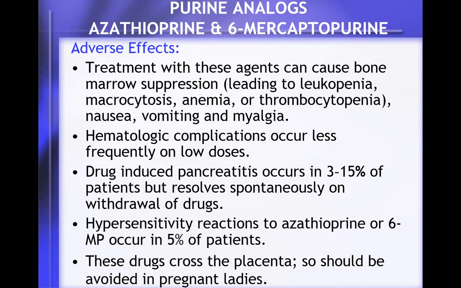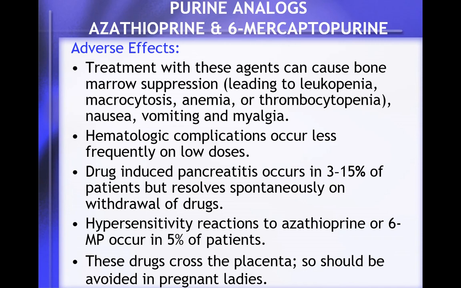The adverse effects of these immunosuppressants, purine analogs: treatment with these agents can cause side effects like bone marrow suppression, which can lead to leukopenia, macrocytosis, anemia or thrombocytopenia, and the general side effects like nausea, vomiting, and myalgia. The hematologic complications occur less frequently on low doses of these drugs.